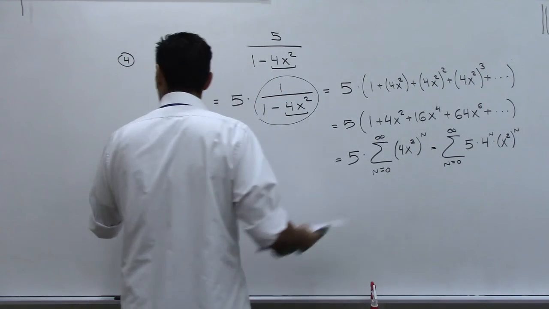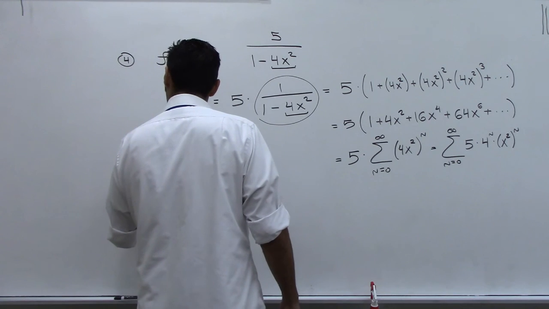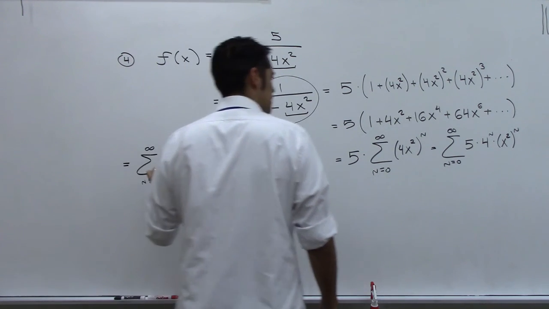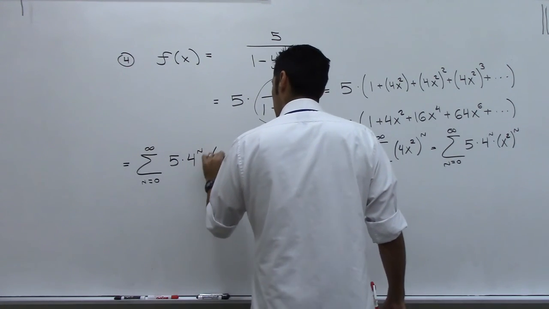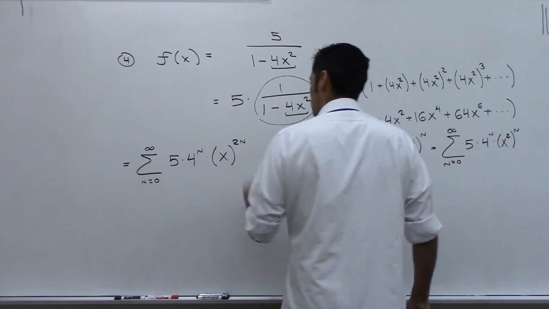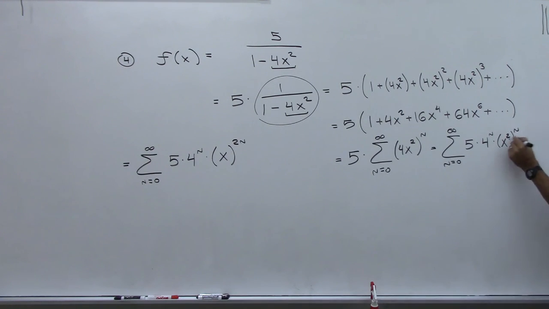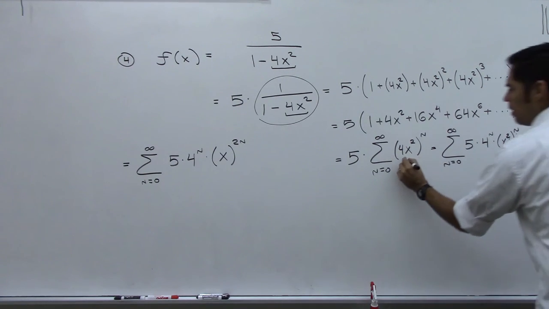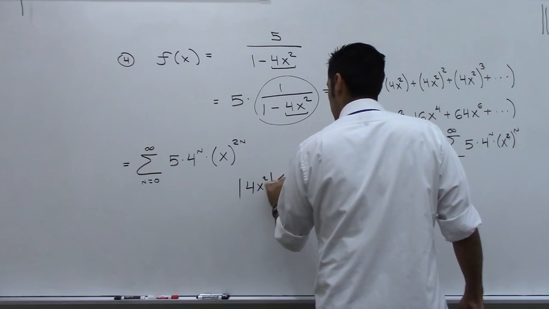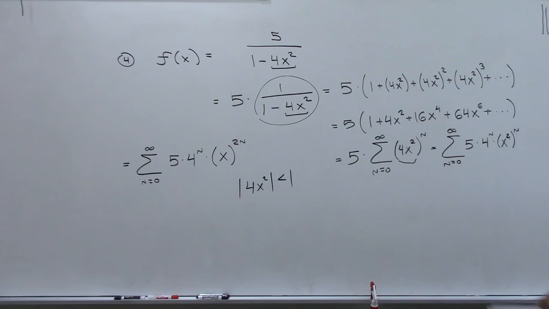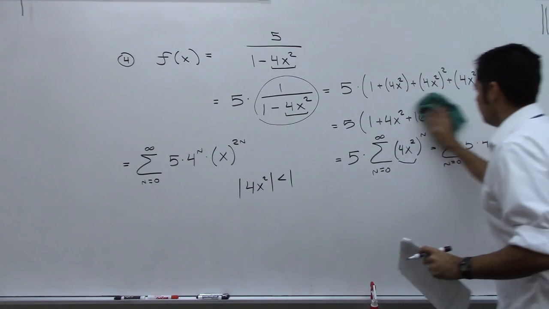So that's equal to sum n equals 0 to infinity of 5 times 4 to the n times x to the 2n. And all they're doing there is just multiplying 2 times n to get 2n. And that will converge so long as this piece right here, which was our u, the absolute value of it, is less than 1. So from that we can do a little more work.